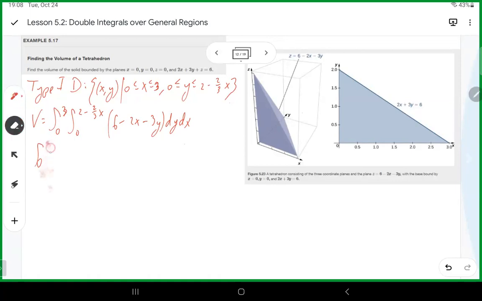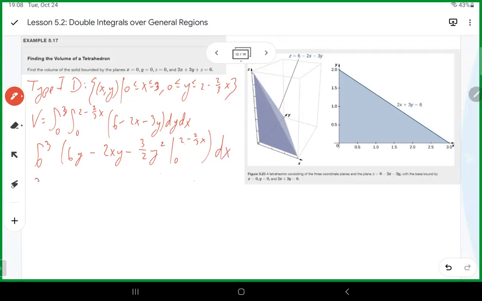Sorry, the day is getting long and my writing is getting weak. 6y minus 2xy minus 3 halves y squared, 0 to 2 minus 2/3 x, dx.